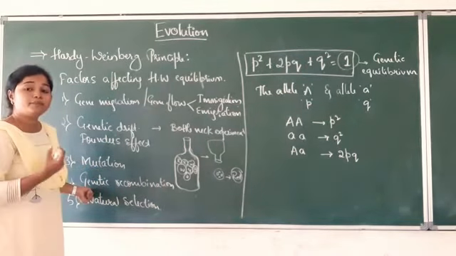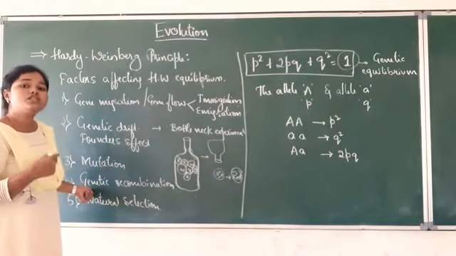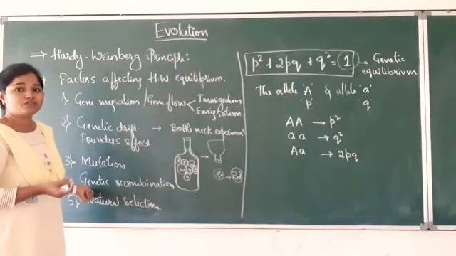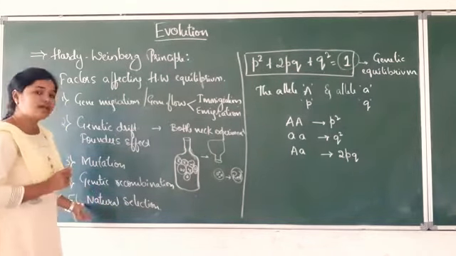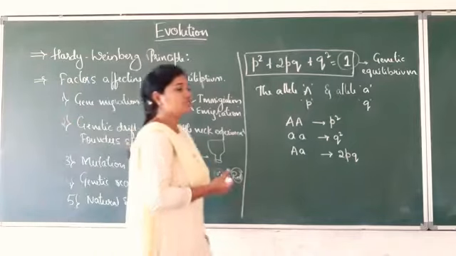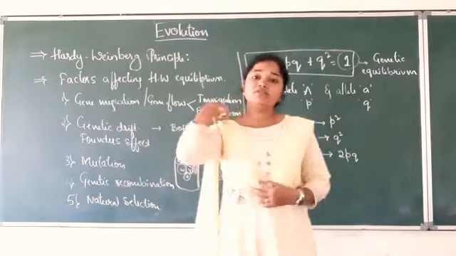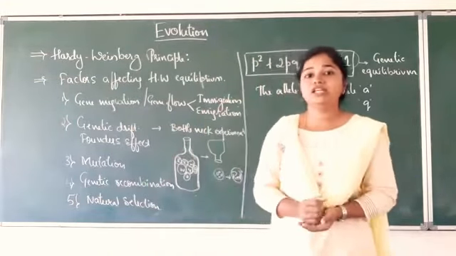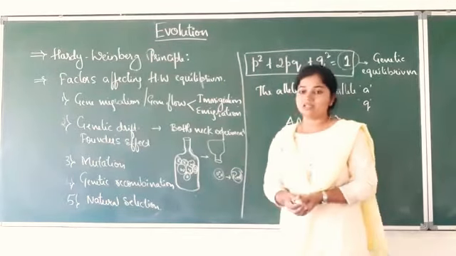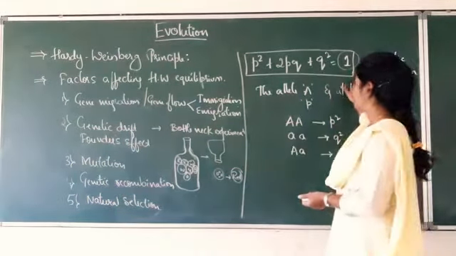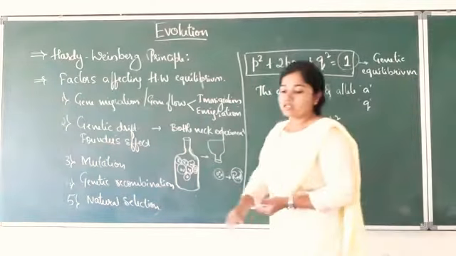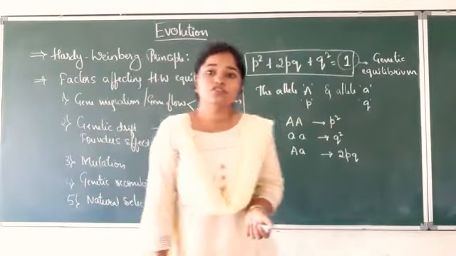Genetic recombination, the mixture of the genetic material, forms a combination that is different from the parents. Then natural selection is a process in which nature selects the fittest one and enables it to leave more progeny. So these are the 5 factors that are going to affect the genetic equilibrium, right? Now let us study the types of natural selection.